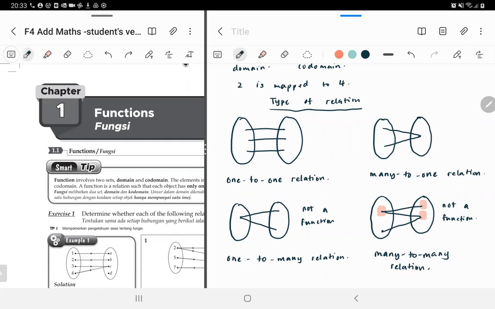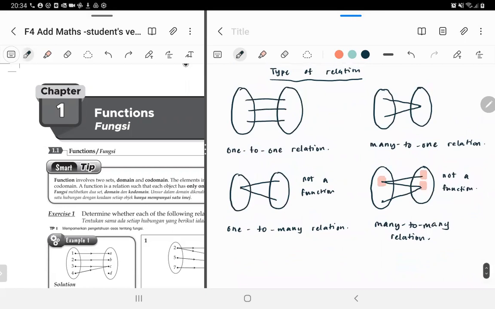Okay, so the definition for the function is: the relation can only be a function if each object has only one image. I should write it like this. I write a complete sentence for you because sometimes it will ask you to explain whether something is a function or not.